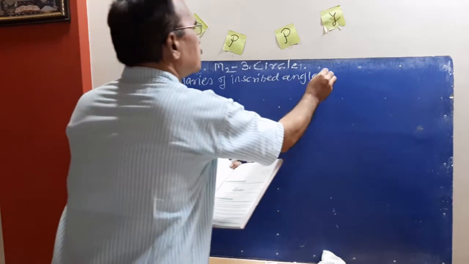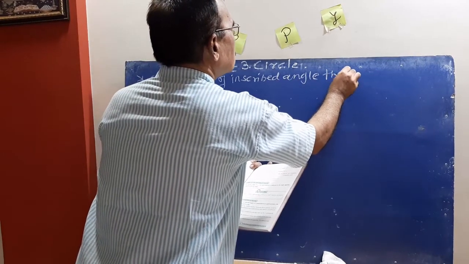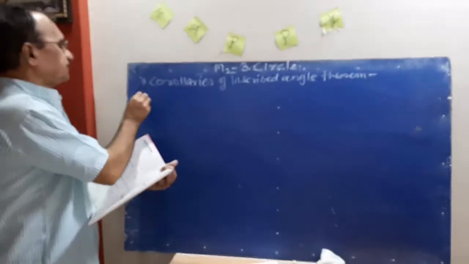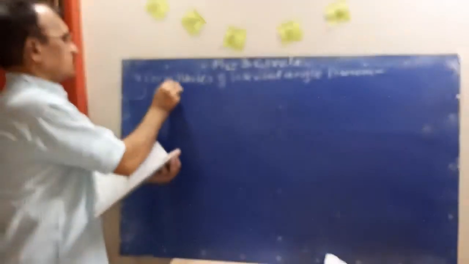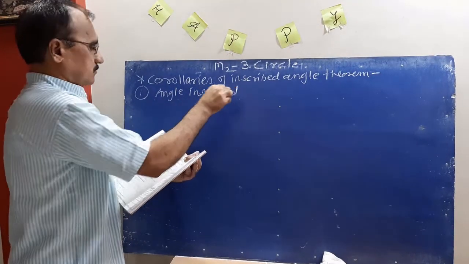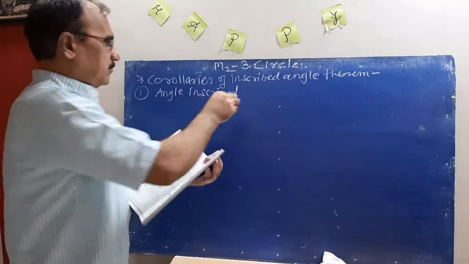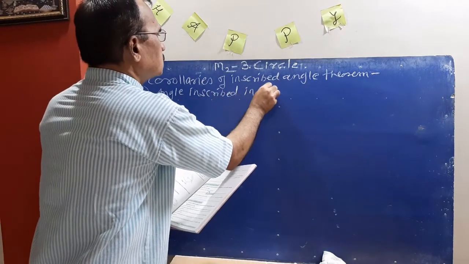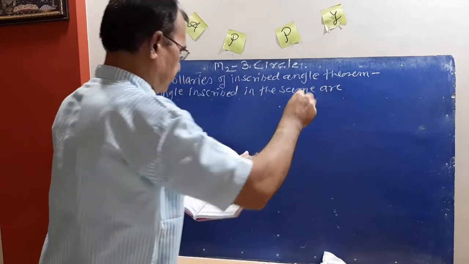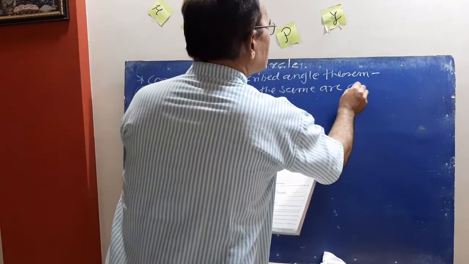Write down this. First one: angles inscribed in the same arc are congruent.